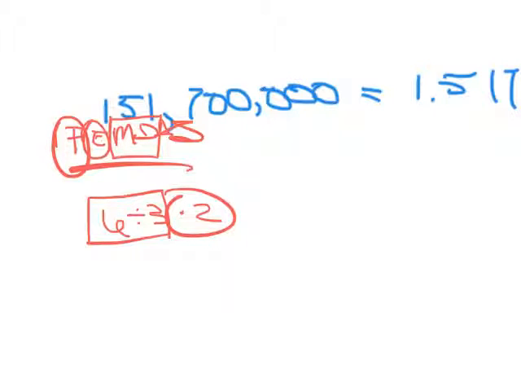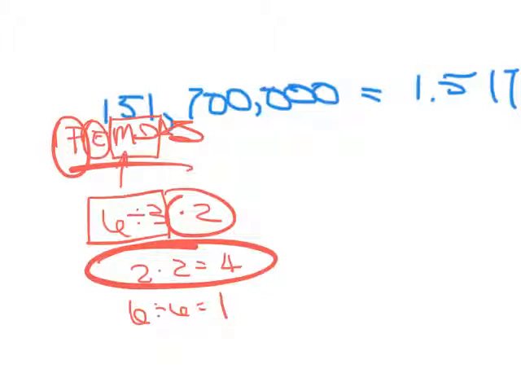Because if you do it that way, you get 2 times 2 equals 4. If you do your multiplication first, you're going to get 6 divided by 6, which equals 1. Okay, and the way to do it is that right there. The same is true with your addition and subtraction.